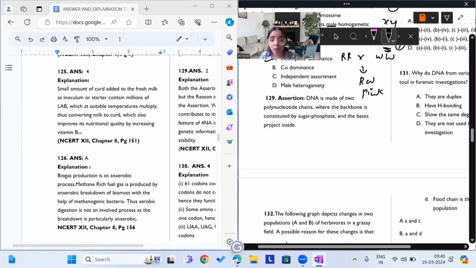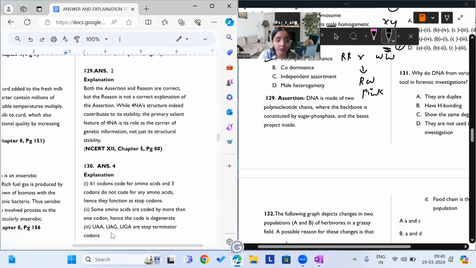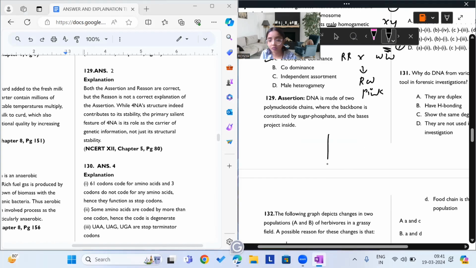DNA is made up of two polynucleotide chains where the backbone is constituted by sugar and phosphate. Yes, there are two chains where backbone is constituted by sugar and phosphate. Just a second, I'll draw it for you.